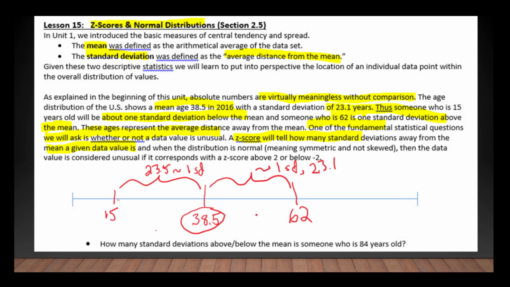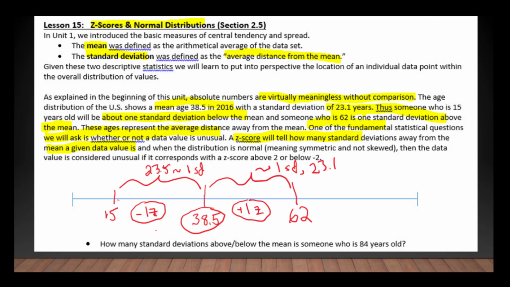This z-score here would be about plus 1 z, meaning that 62 is 1 standard deviation or 1 z above the mean. Well, the z-score for 15 would be a negative 1 z, meaning that 15 is about negative 1 standard deviation below the mean. So a positive and a negative score are really different.